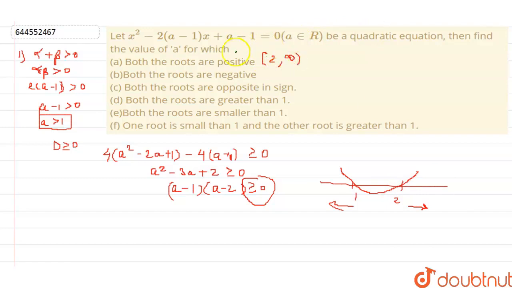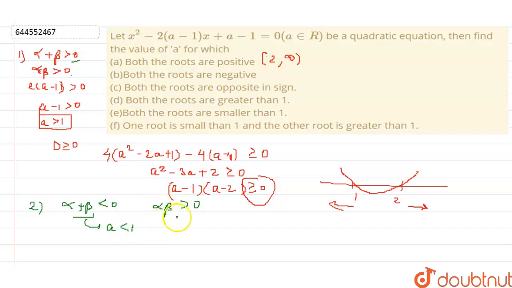Now the next is both the roots are negative. If both the roots are negative, then we can say that alpha plus beta should be less than 0 because the roots are negative, but the product of two negative numbers is positive, so this is going to exist, right? So when we solve it, we come to know that a is less than 1, right?